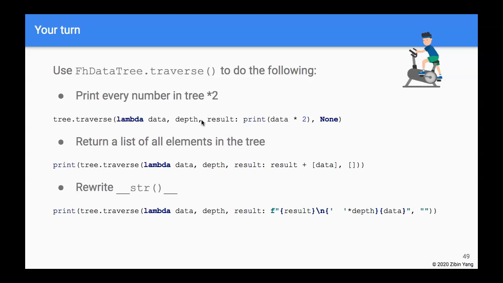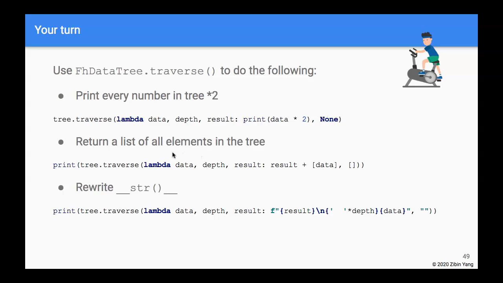So the first one, now remember the user supplied functions all have to take 3 parameters, right? The data itself, the depth, and the result. And so to just print out all the elements multiplied by 2, it just prints out the data multiplied by 2. The initial result, well, it's really not using the result at all, so we can just pass it something arbitrary like None.